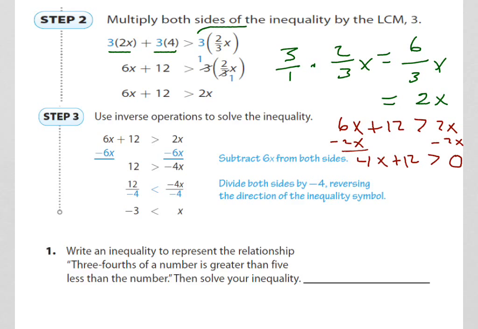Then I would have subtracted 12 from both sides. That would give me 4x is greater than negative 12. Let's do something where we can see that a little bit better. 4x is greater than negative 12.